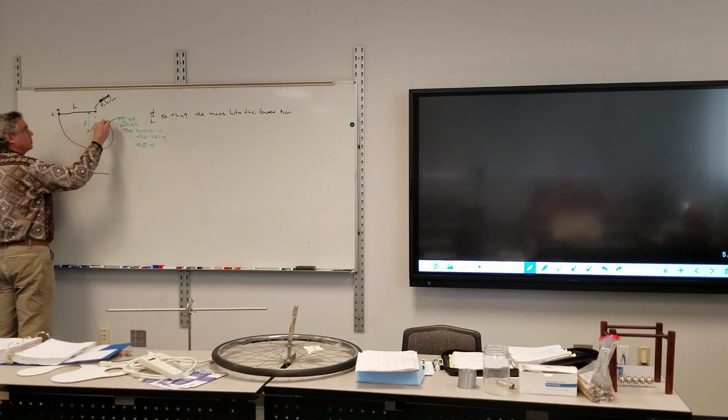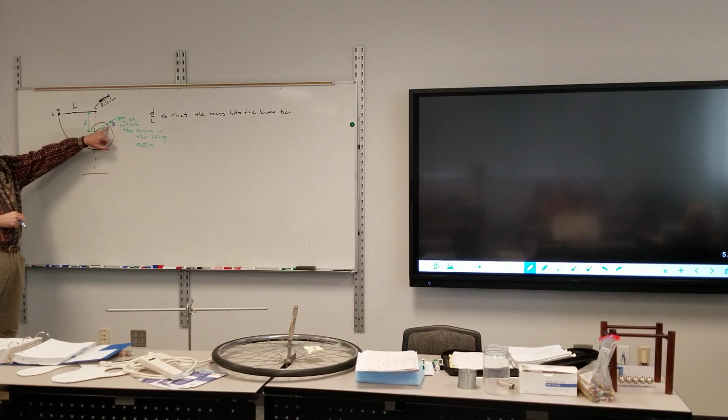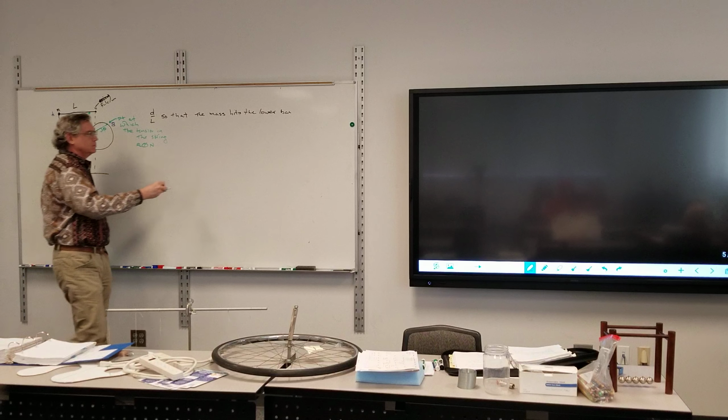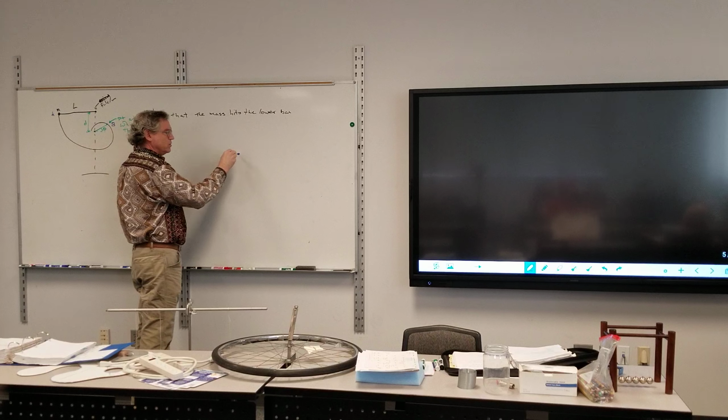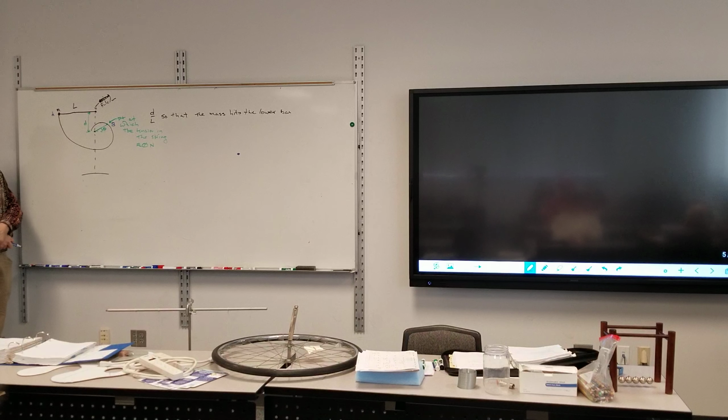At that point, it's no longer centripetal motion. So if it's centripetal motion up to this point, then that would be the point at which the tension is zero. What forces are acting on it at this point? Tension. Tension is zero. Gravity. Weight.